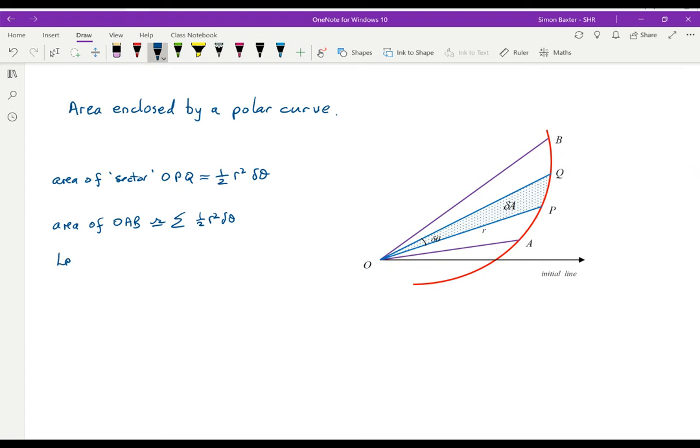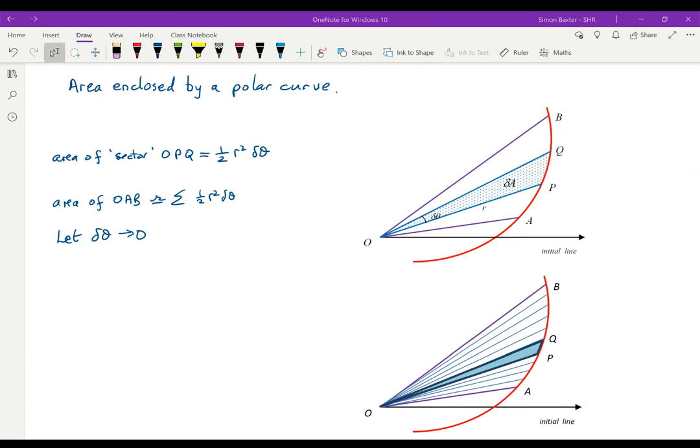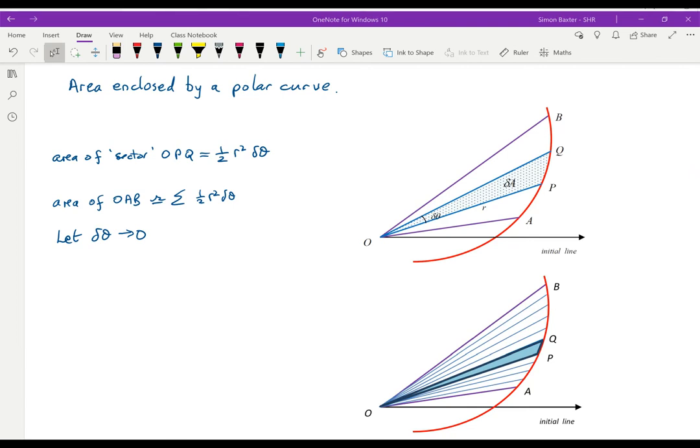Let's think what happens now as delta theta tends to 0. We can think of very, very many strips here. And I've drawn several strips for you in this diagram. So we are now splitting the area, this sort of fan-shaped area, up into all sorts of small sectors.